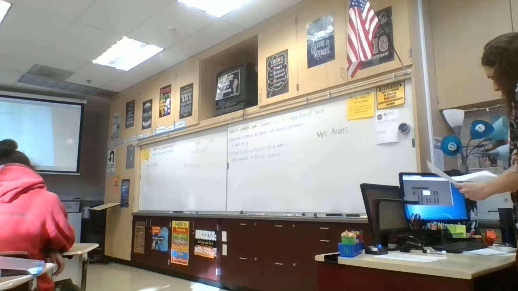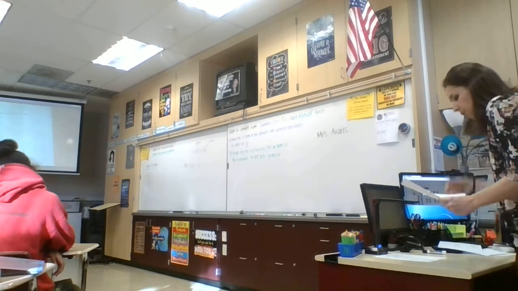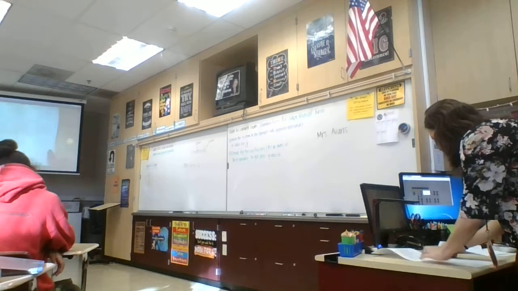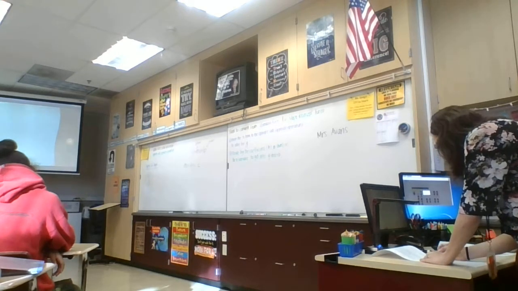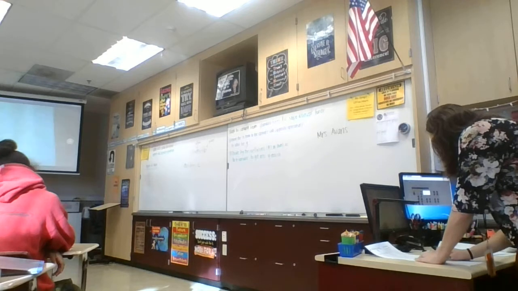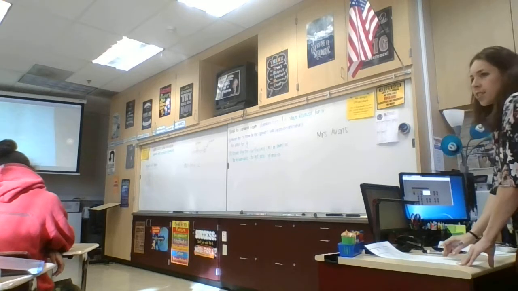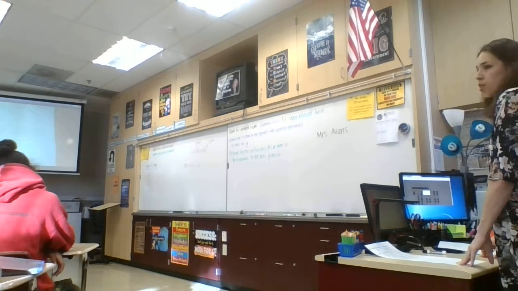Before I graph it, let's take a look at the formula itself. So we have x plus 2y equals 4. And is this in slope-intercept form yet?